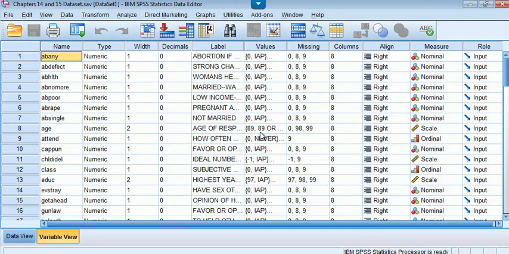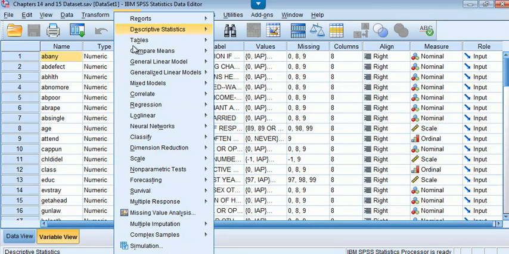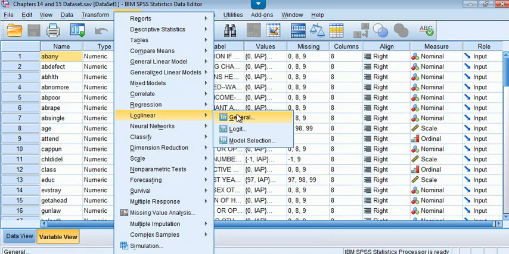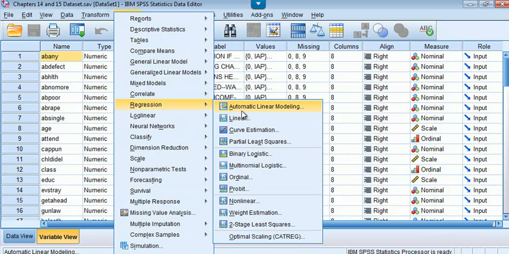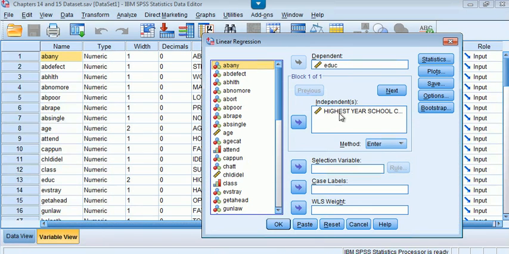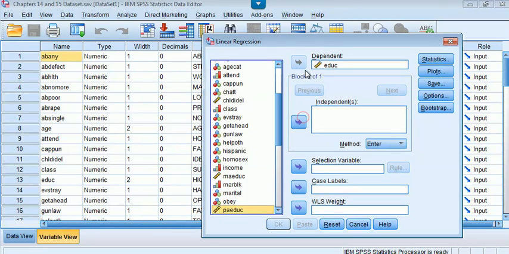So how you would run a regression if you were trying to determine the correlation is you would hit Analyze, run down to Regression, go to Linear. Kick these over. Oops, I moved it over the wrong way. You can see where I was working through this before.